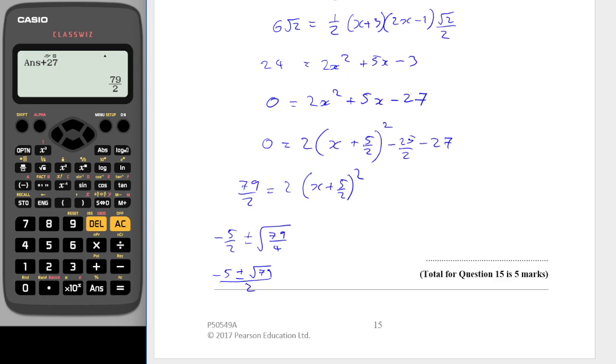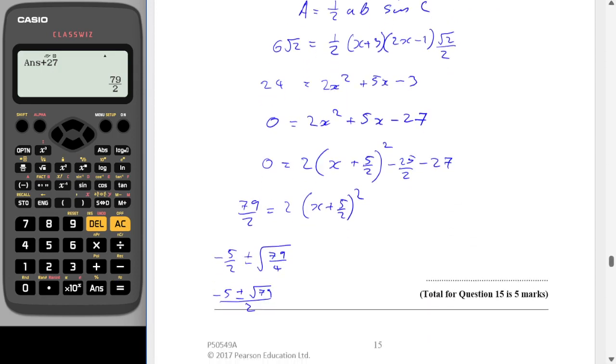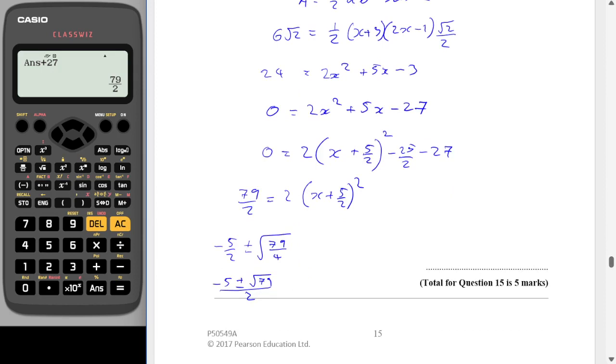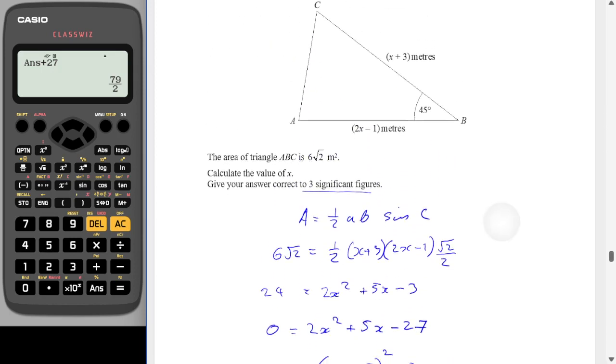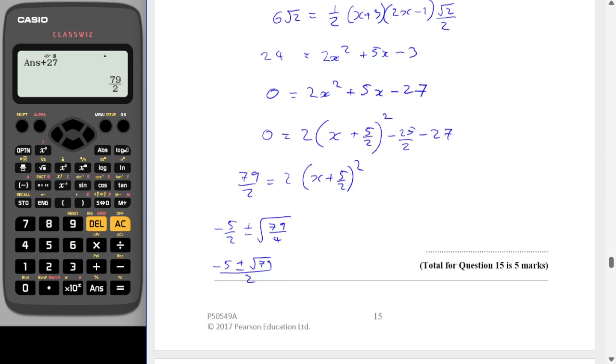I'm going to have two values then, and if we're thinking about this is the value of x, can we have a negative value of x? We can't. We technically could have a negative x, but we can't have a negative length, and if x was negative, that would create a negative length there, so we can ignore the negative version.